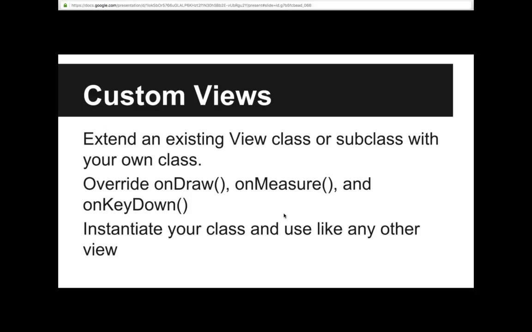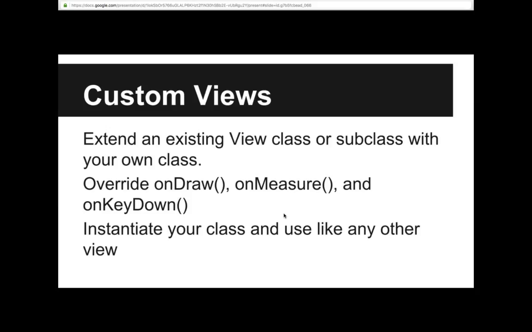And the way the custom views work is you simply create a Java class, you extend the Android View class, and then you subclass the View class and override the onDraw, onMeasure, and onKeyDown methods. I think those are the only required ones that you have to override.